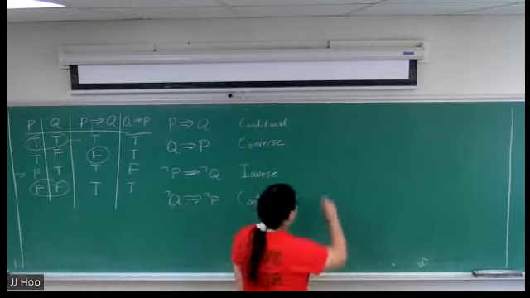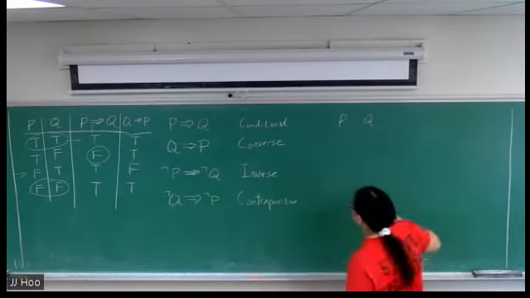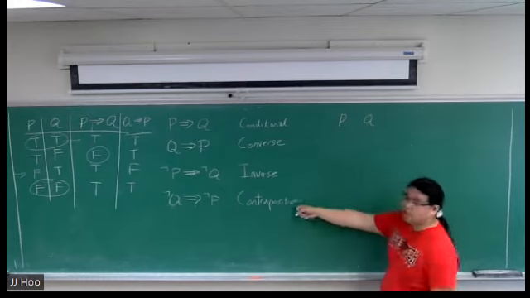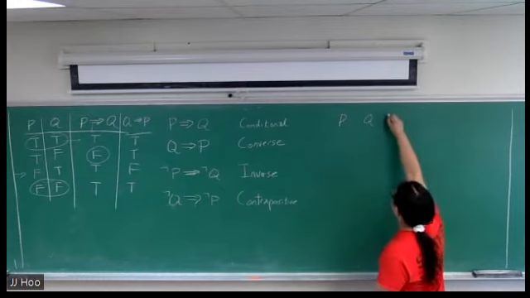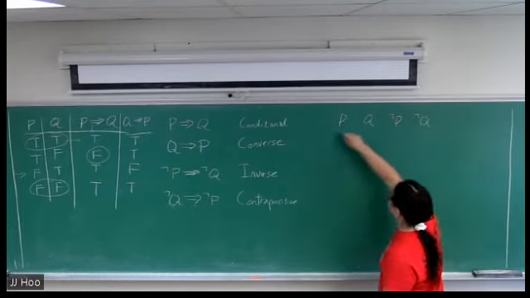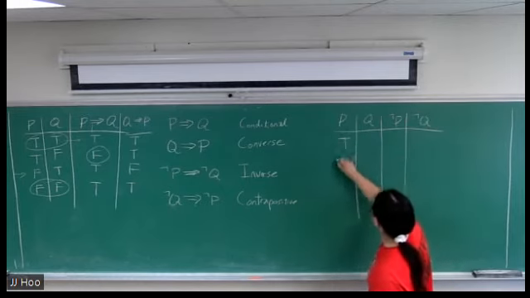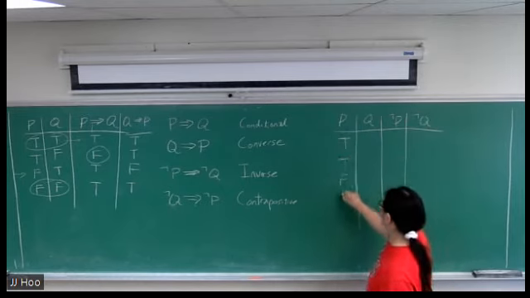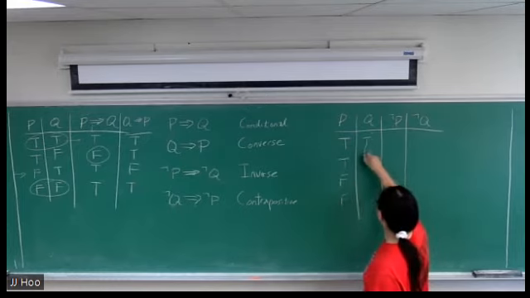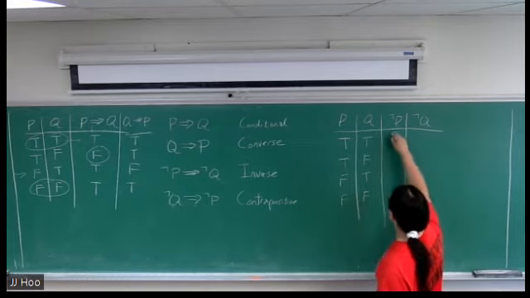So now let's look at these other two statements. We've got the inverse and the contrapositive, which deal with the negations, right? So let's make a new column for each of the negations to make our life a little bit easier. So we'll flip this.